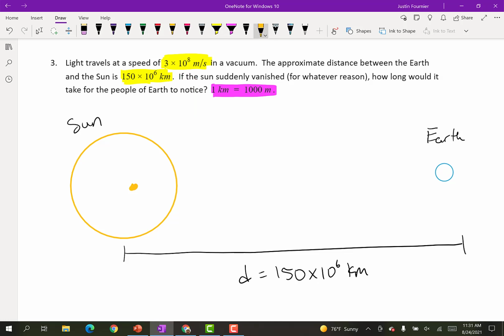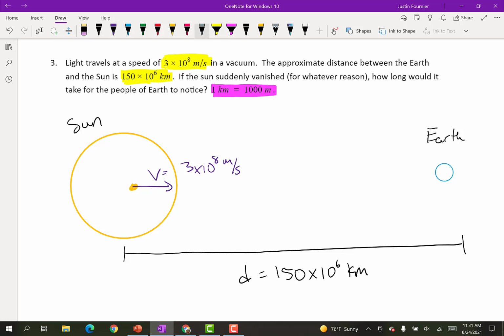So let's say this is the velocity. That's how fast the chunk moves. So it's going to take some time for it to reach Earth, right?